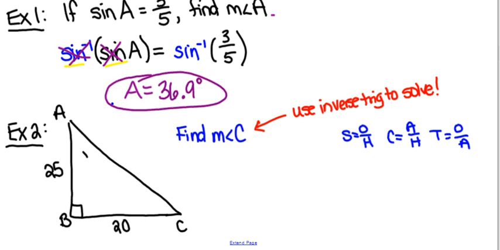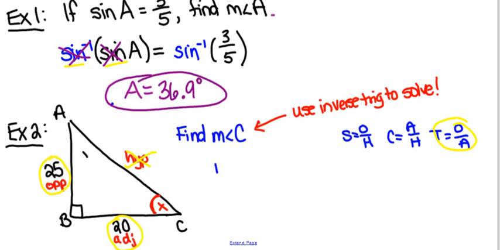So I'm going to once again start by labeling my hypotenuse. We're trying to find the measure of angle C, so I'm going to call that x. So my opposite now is going to be the 25, which means my adjacent is going to be the 20. So I need the opposite and the adjacent. I want to use the trig ratio that deals with opposite and adjacent.